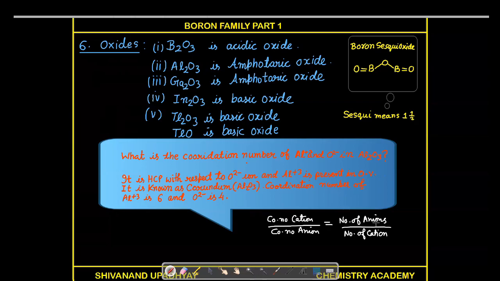In Al2O3, the number of anions is 3 and the number of cations is 2. We know the cation exists in octahedral voids, so the coordination number of cation is 6. So I can calculate the coordination number of anion: 6 multiplied by 2 by 3. Simplifying, the coordination number of oxide ion is equal to 4.